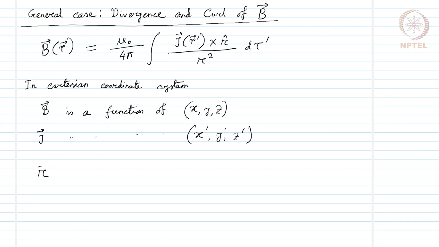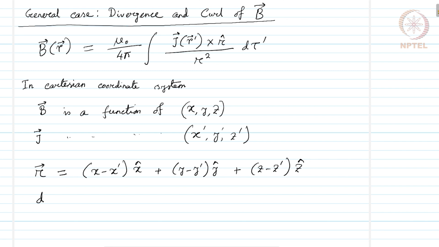And we have this curly r vector that relates these two coordinate systems, given as x minus x prime x cap plus y minus y prime y cap plus z minus z prime z cap. I wrote this down explicitly so that we do not have any confusion while working out the divergence and curl in these systems. How about d tau prime? That can be expressed as dx prime times dy prime times dz prime.